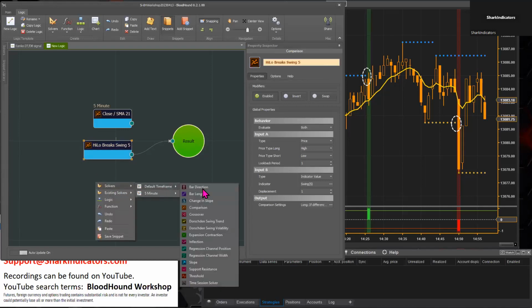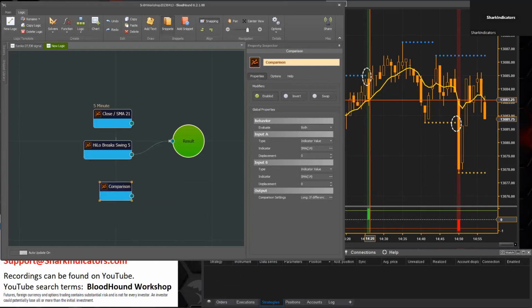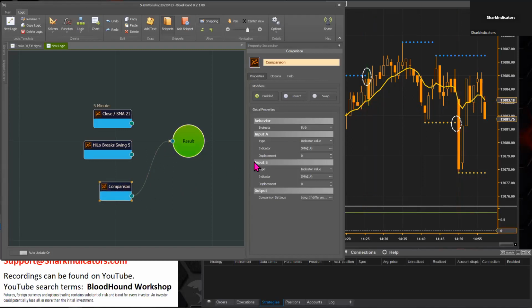To do that, we need another comparison solver. When a bar touches the 9 EMA, the high price is above it and the low price is below it. So we're going to compare the high and the low to the EMA9.